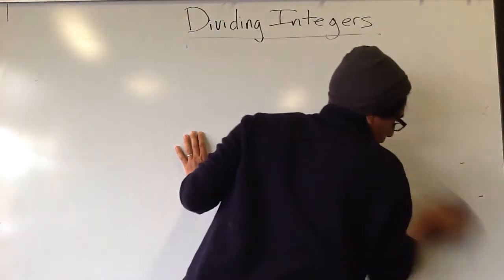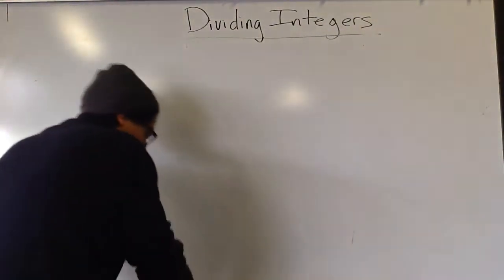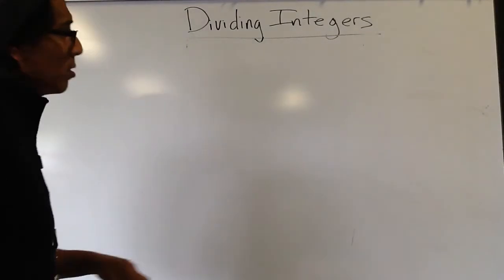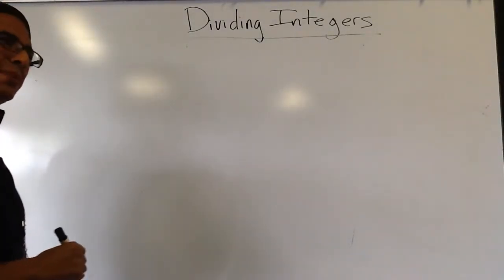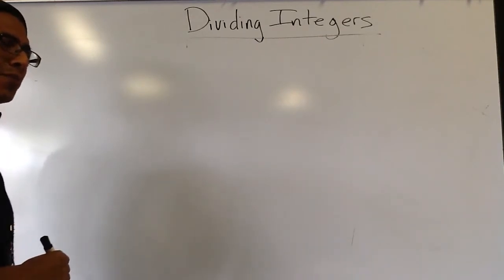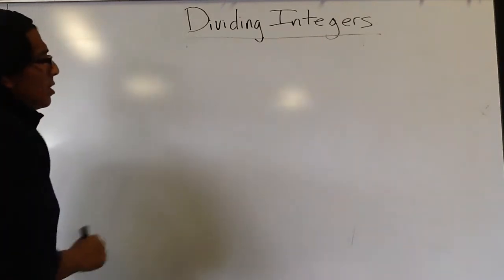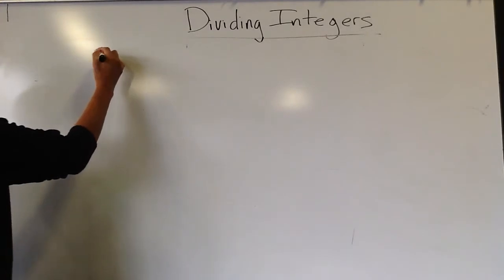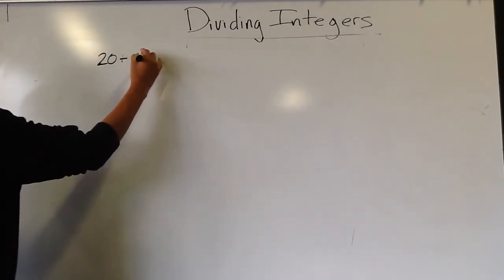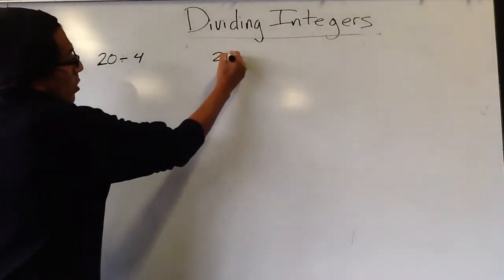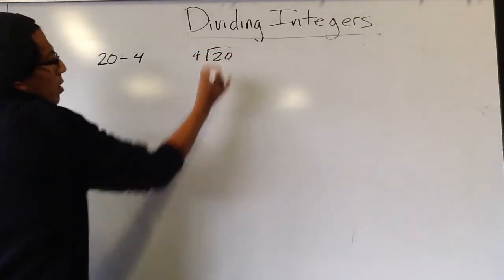All right, division. Dividing integers is very similar to multiplying with integers, which makes sense because they are the inverse of each other. But let's think. You are very used to seeing this: 20 divided by 4.